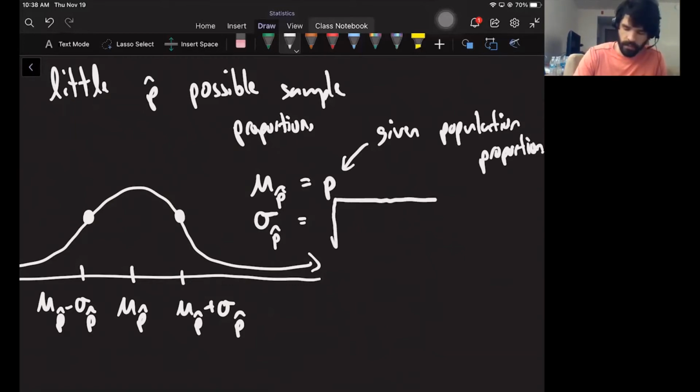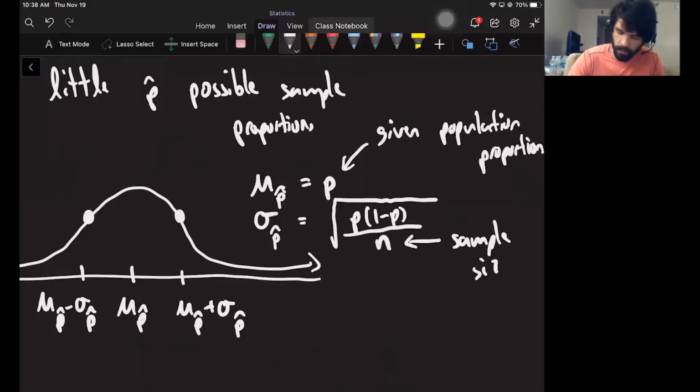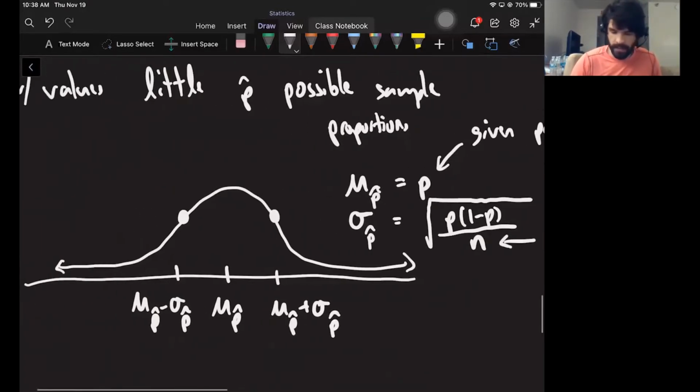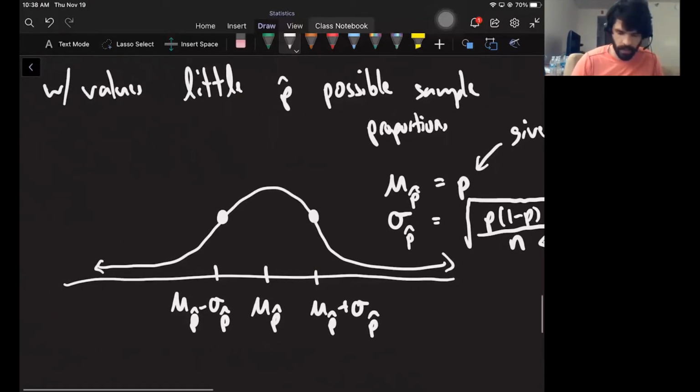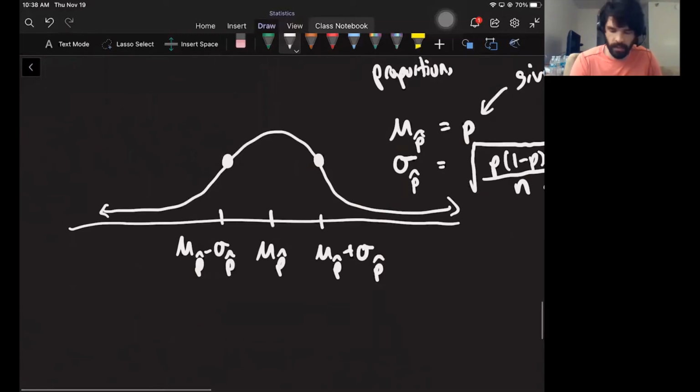It's the square root of that same proportion times 1 minus that proportion, divided by the sample size, all under a square root. That is the standard deviation for this normal distribution, and all our questions are just asking about areas for this normal distribution.